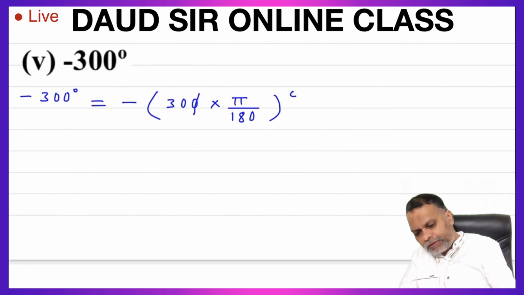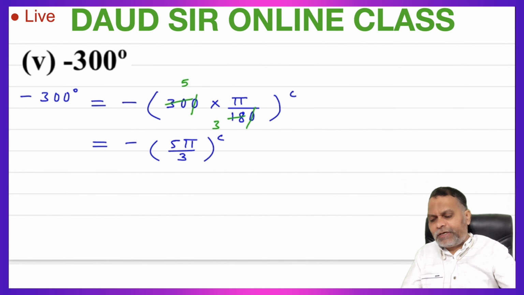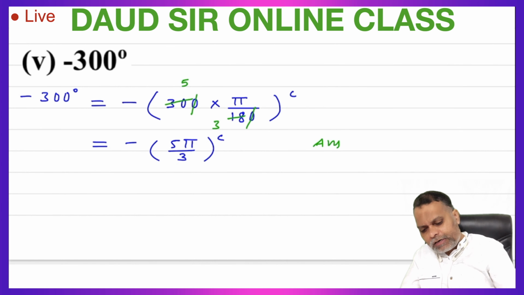Simplify this. 0 0 cancel. 6 5s are 30 and 6 3s are 18. So which is equal to minus 5 pi by 3 radian. This is the required radian measure.